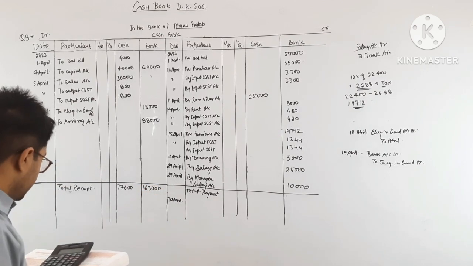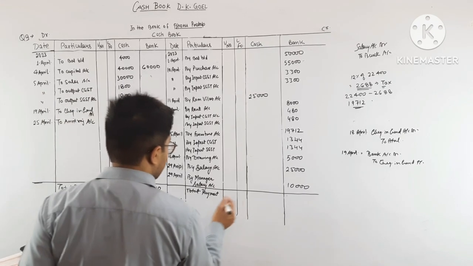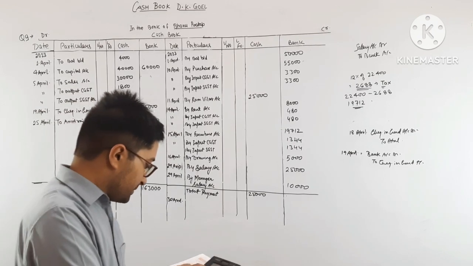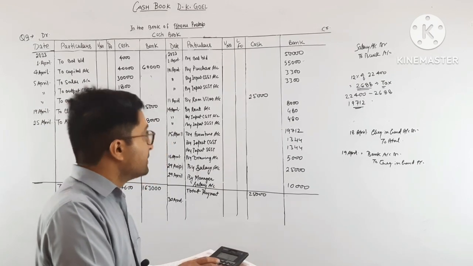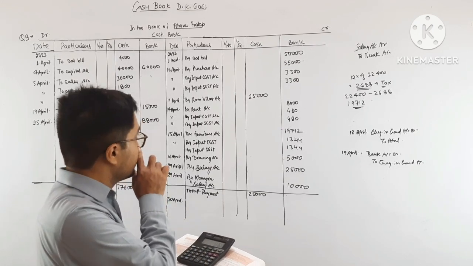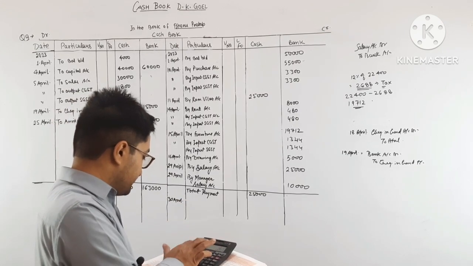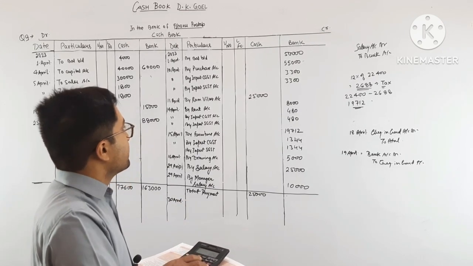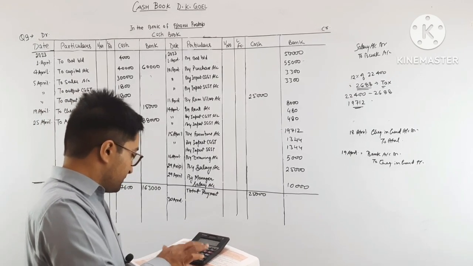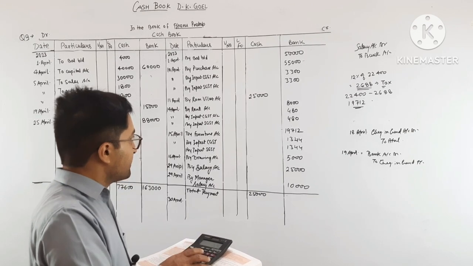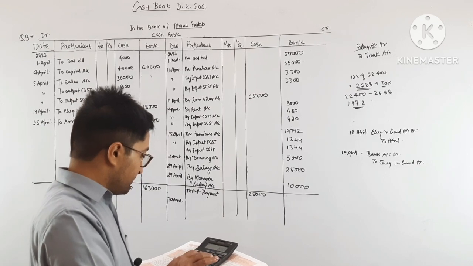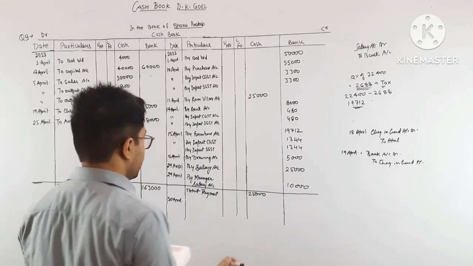On the payment side, 25,000 and 50,000, 55,000, 3,300, 8,000, 19,700, 5,000, 1,82,960.